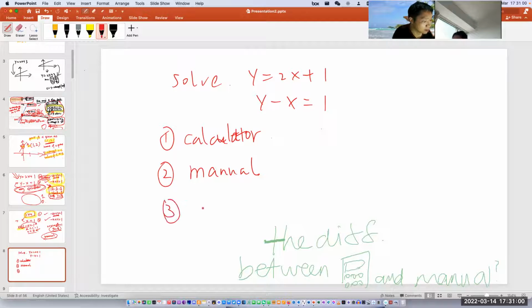The third method to solve is graphing, or normally we call this the graphical method.